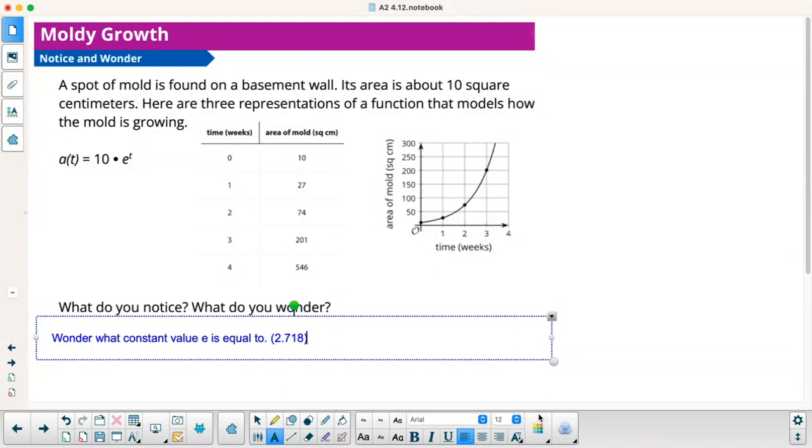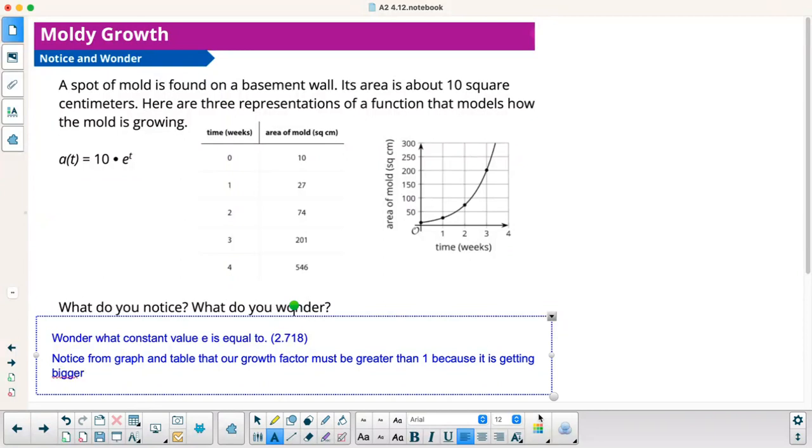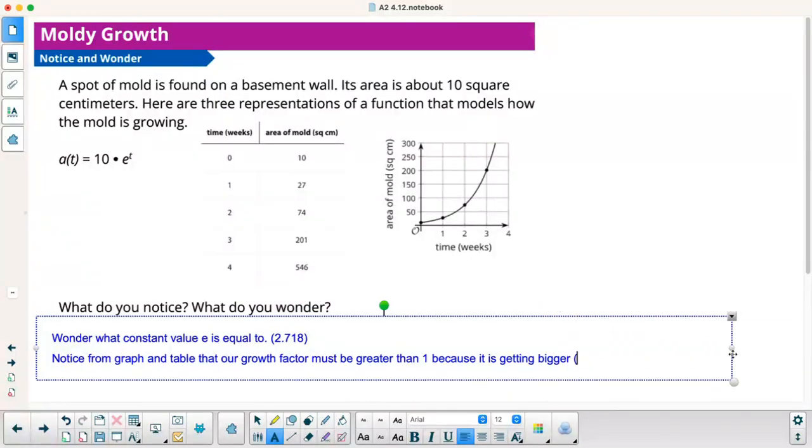I would say I notice from the graph and the table that our growth factor must be greater than 1 because it is getting bigger. So that tells us E is probably greater than 1.